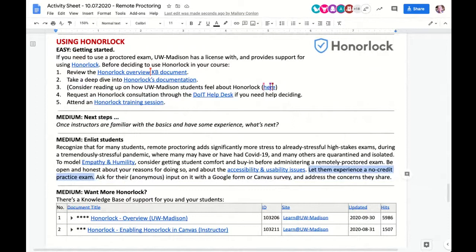And with the KBs, it's not a one size fits all. There's a lot of customization. Do we only turn on the lockdown browser? Do we add the webcam? Do we allow paper and pencil? What features or what whitelisted URLs are important? Do I want to have a chat feature so that students can ask questions if I have a time window? Is a timed test really important, given that that leads to more anxiety?